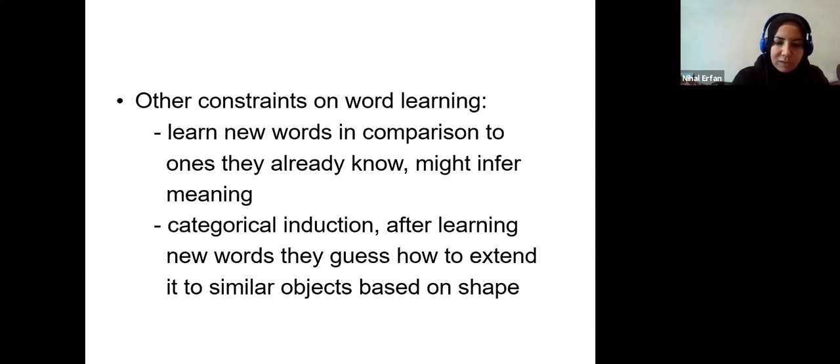If they learn a word, they can learn how to extend it to similar objects, for example, based on shape. So they can understand a meaning by kind of induction, okay? That some words mean the same thing, but can be used differently in a sentence.